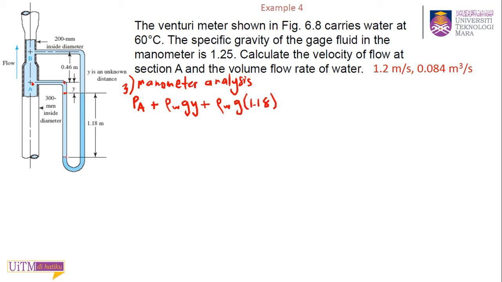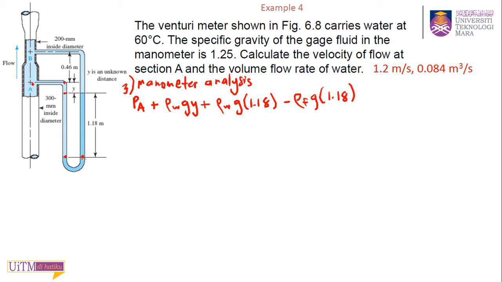Rho kat sini. Then you pindah point dulu horizontally, and you go up, so that means you minus the rho of the gauge fluid kat dalam ni yang 1.25 tu, rho of the fluid times G times 1.18.